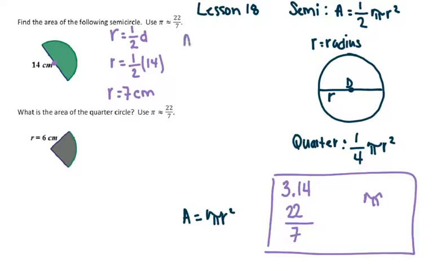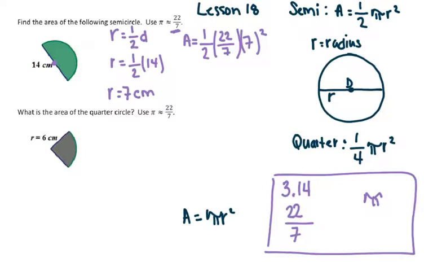Since my area equation of a semicircle is 1/2 pi, and remember they told us to use 22 over 7 for pi, I'm going to multiply this by 22 over 7. And my radius is squared, and since my radius is 7, I'm going to square that 7. So now I have this equation that says A equals 1/2 times 22 over 7 times 7 squared.